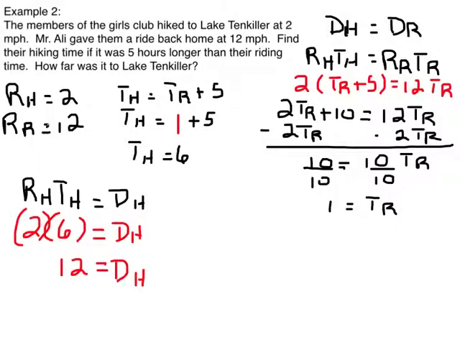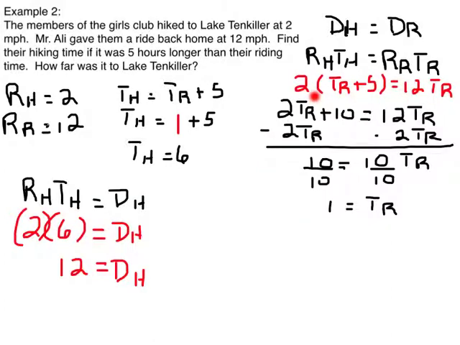So now I know that the time of the hiking is equal to time of the riding plus 5, because riding was obviously faster. All right, so let's substitute in what we know.